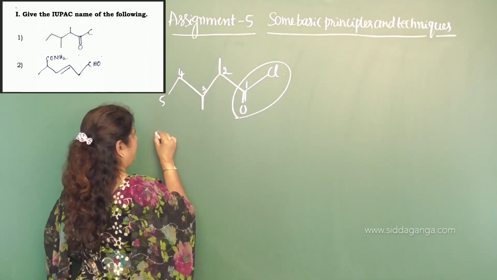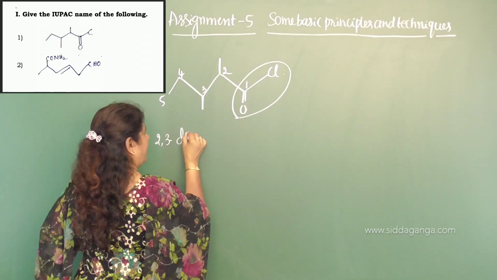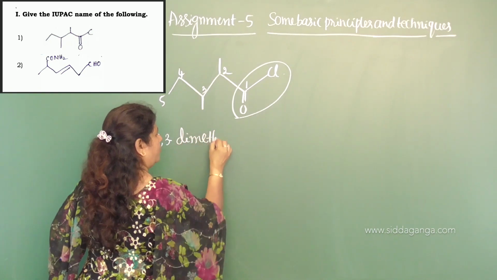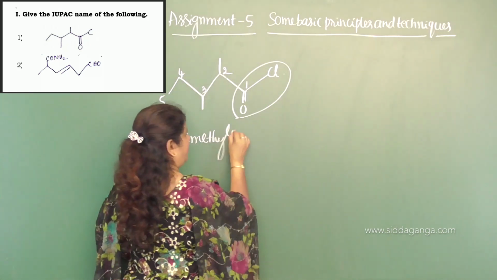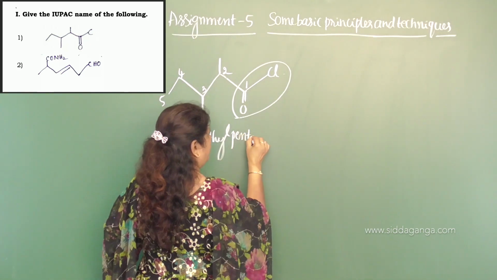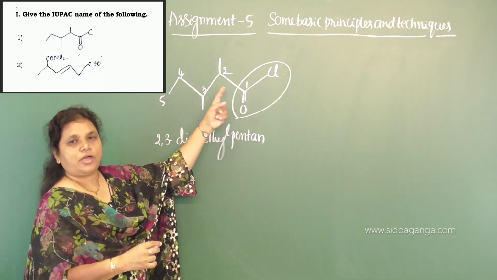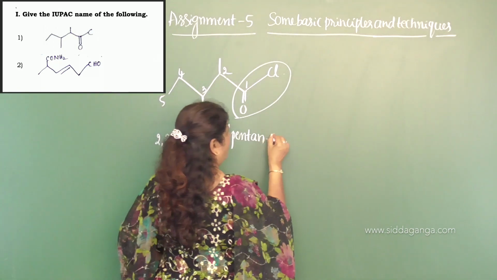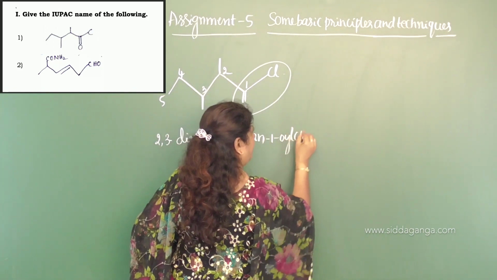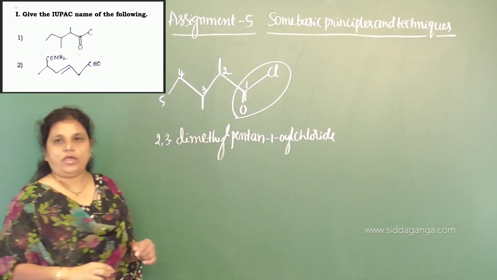So then what is the name? First you write the prefix 2,3-dimethyl. Pent is the root word, pentane, because there is a carbon to carbon single bond in the selected chain. 1-oyl chloride. So pentanoyl chloride.